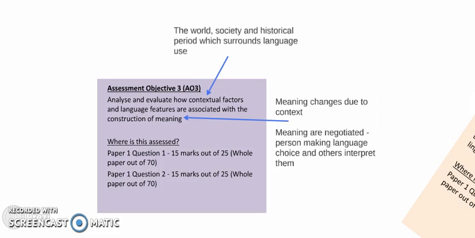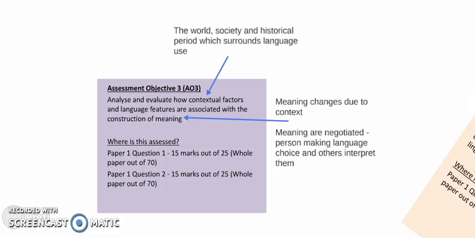So meaning is such an interchangeable thing. Meanings change all the time due to the context. Language isn't fixed. Meaning isn't fixed even. Meaning is negotiated between the person making the language choice and those who interpret them.